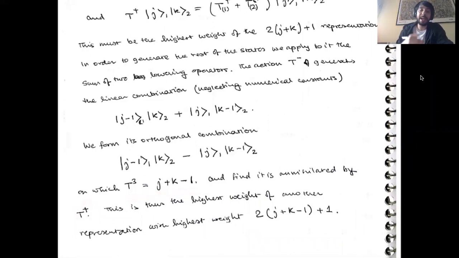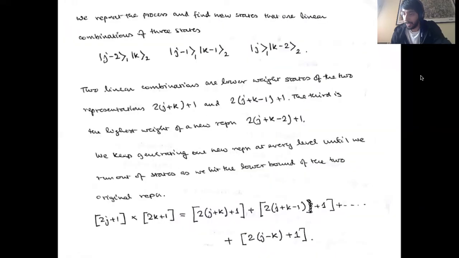So this has to be the highest weight of another representation, whose dimensionality is going to be 2(J plus K minus 1) plus 1. So this is the equivalent of the J now. Hopefully that is clear.